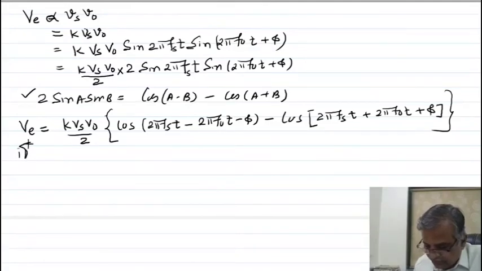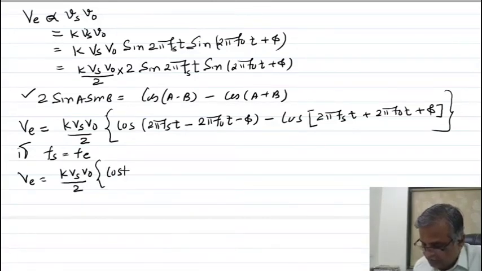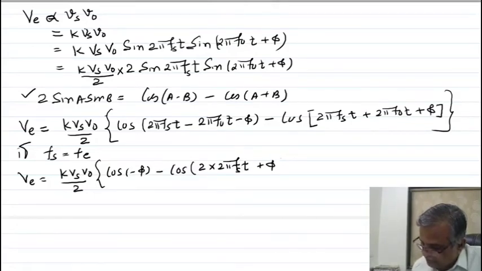If Fs and Fo are equal, then the above equation you can write as cos minus phi minus cos of 2 times 2 pi Fs t plus phi.